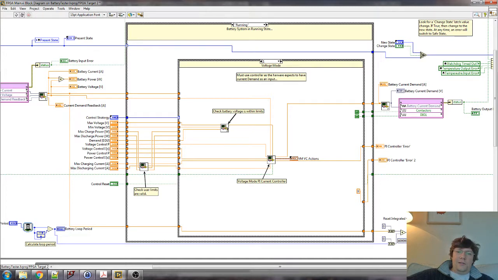And we also need to check that the battery voltage that we're actually demanding is within the limits that the user has set up. So if we had a 12 volt battery and we accidentally asked for 24 volts, you wouldn't end up with a lab full of the smell of vaporized electrolyte in the morning if you left it going all night. There's no current limit here though.